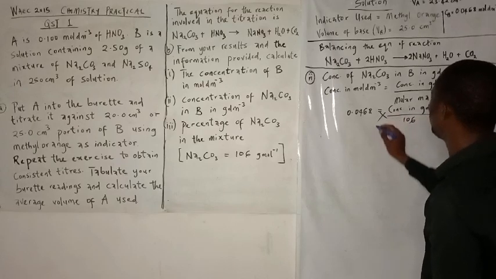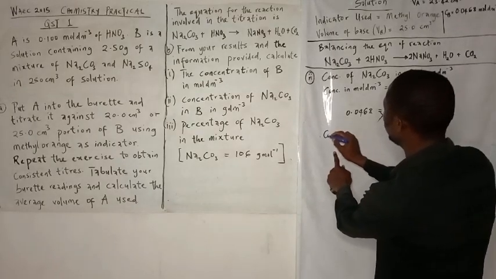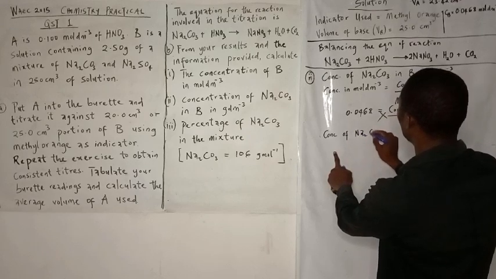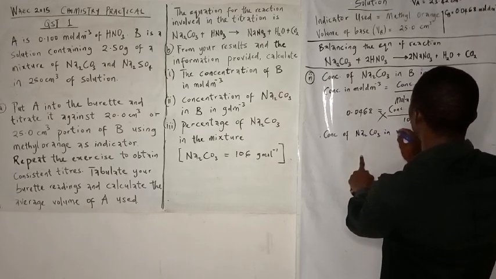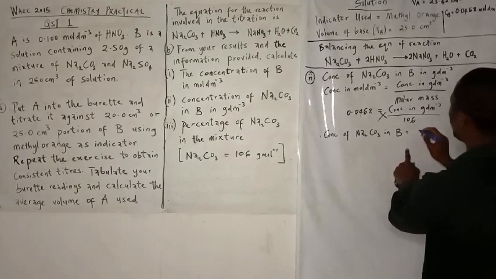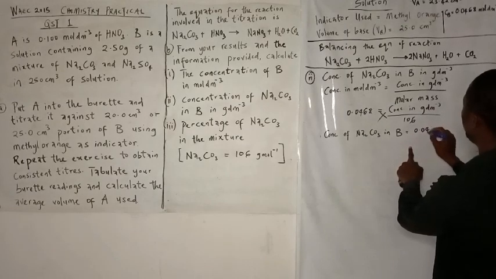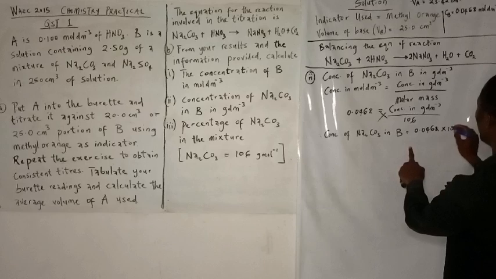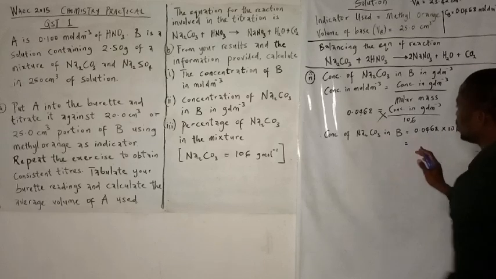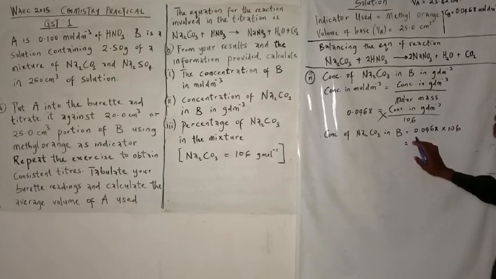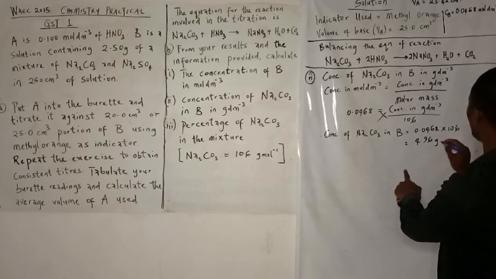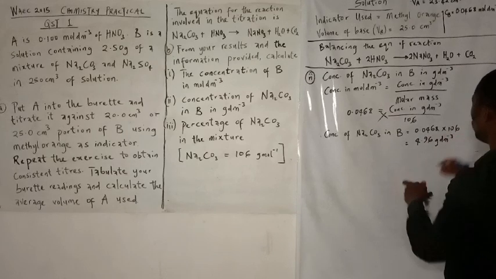So from here we can cross multiply and we will have it that the concentration of Na2CO3 in B is equal to 0.0468 times 106. And then when we do that, we're going to have 4.96 grams per dm cube.